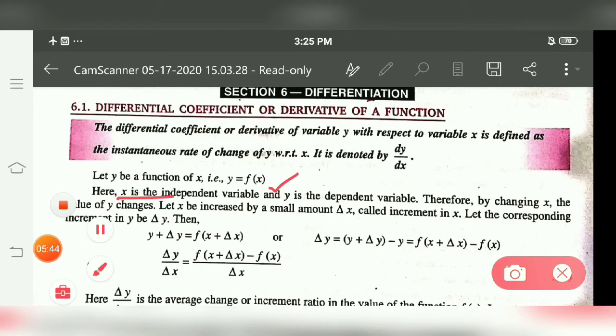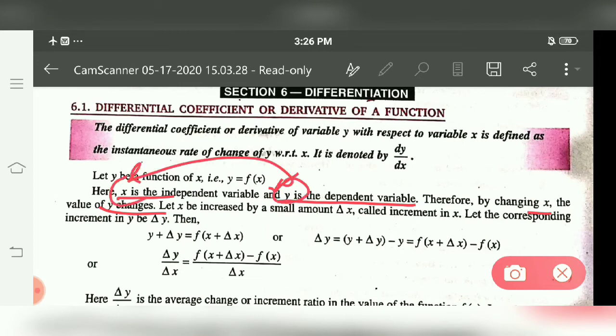Let x be the independent variable and y the dependent variable. Therefore, by changing x, we get a change in y, which is quite obvious. If the value of x changes, then since y is dependent upon x, a change also occurs in y. Suppose the value of x increases by a small amount delta x. Correspondingly, the value of y also increases by delta y.